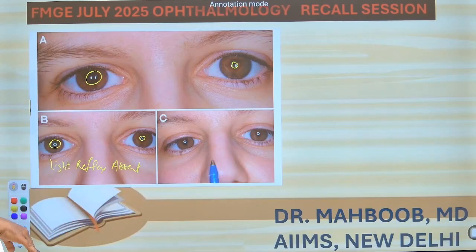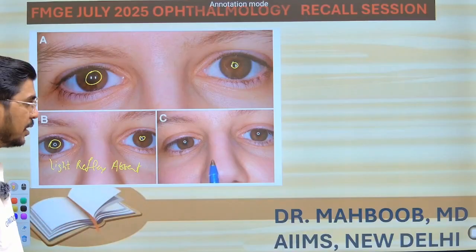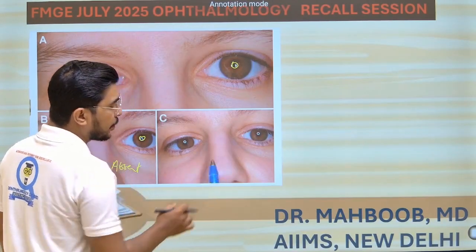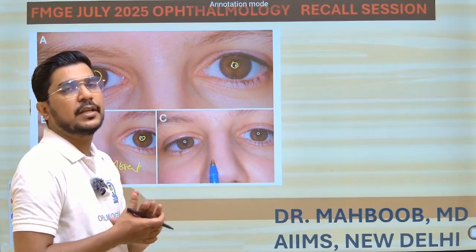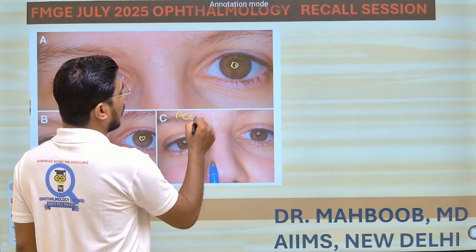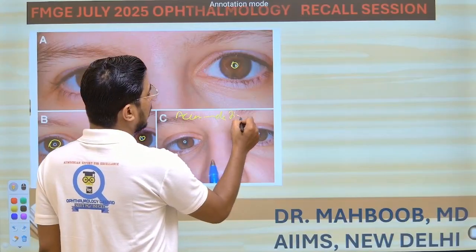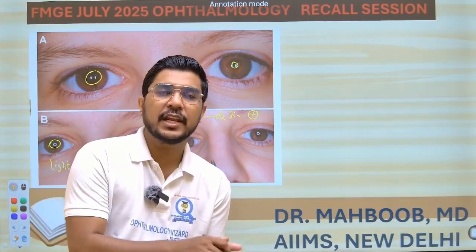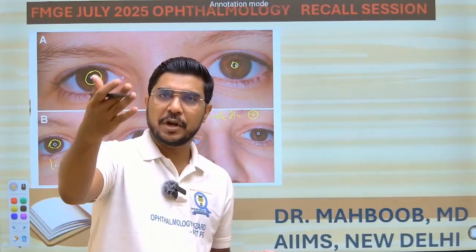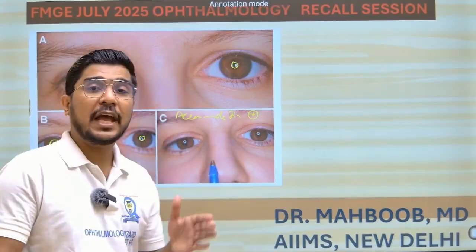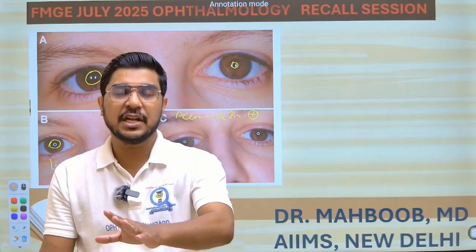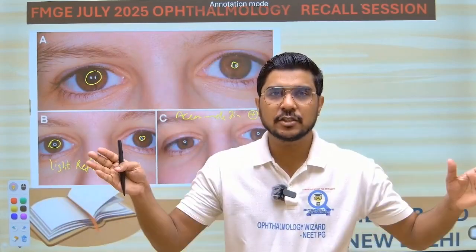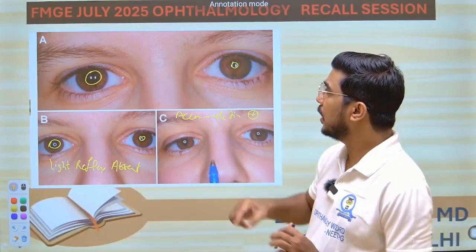Same in the case of Argyll Robertson pupil, light reflex absent. But when you bring the target near, accommodation is present here. In Argyll Robertson pupil also, the pupillary reflex is absent and the accommodation reflex is present. Here also, the light reflex is absent and the accommodation reflex is present. What is the difference then? In Argyll Robertson pupil, there is no anisocoria. This is called Adie's tonic pupil.